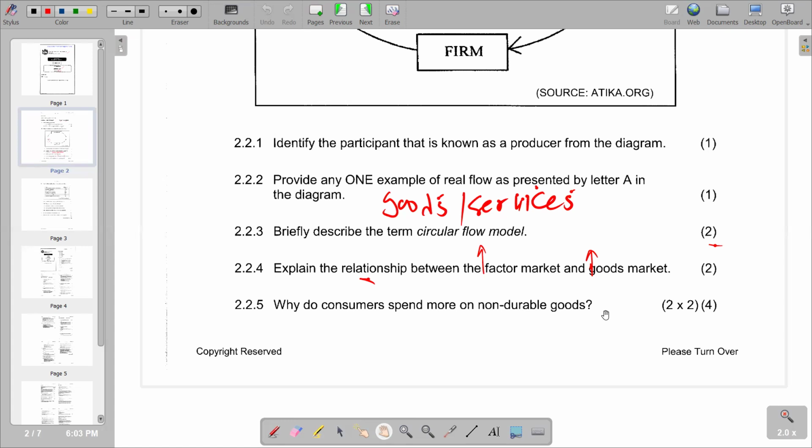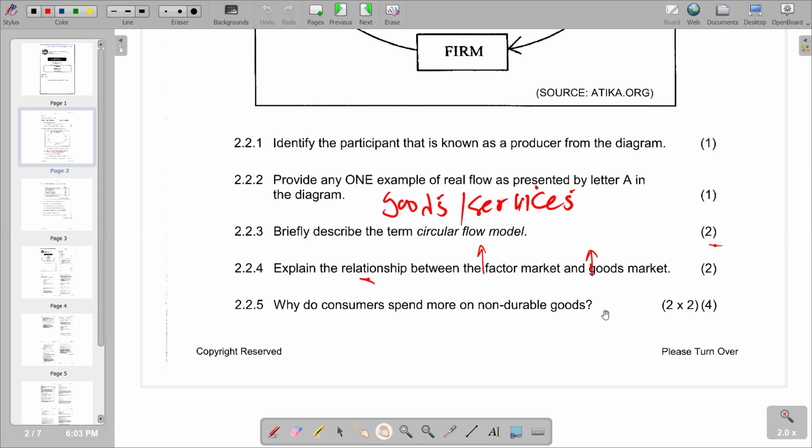So it goes back and relates to the income that the consumers are earning. If the consumers are earning less income, obviously they are going to spend more on non-durable goods because that's the class of goods that they can afford. So basically, that can be a reason.